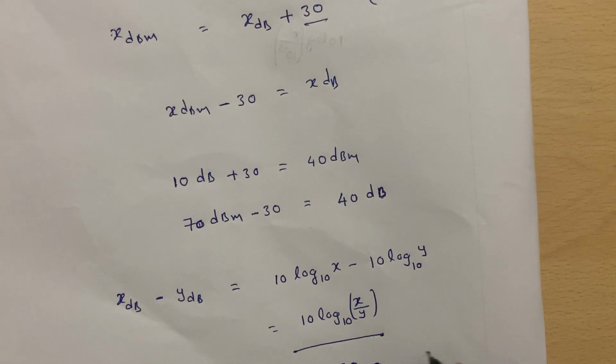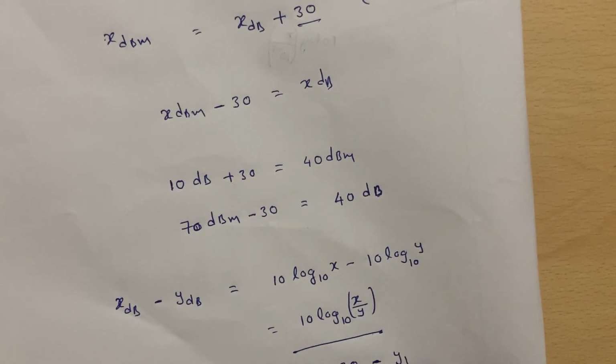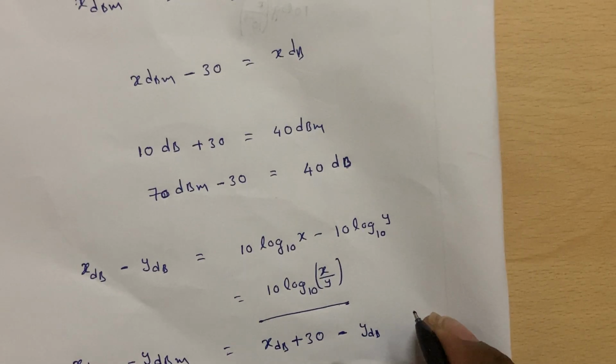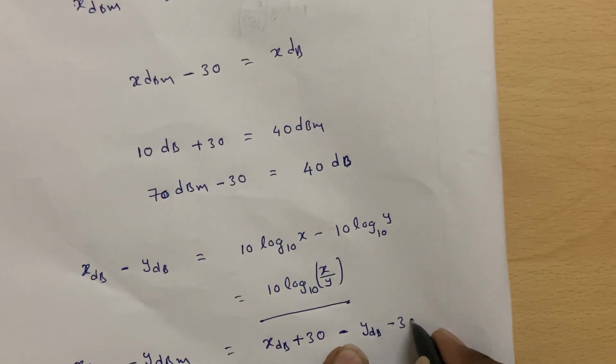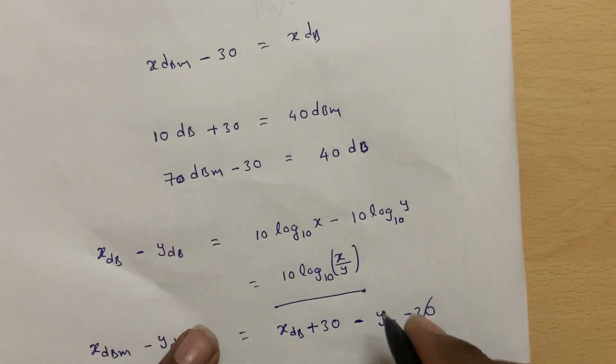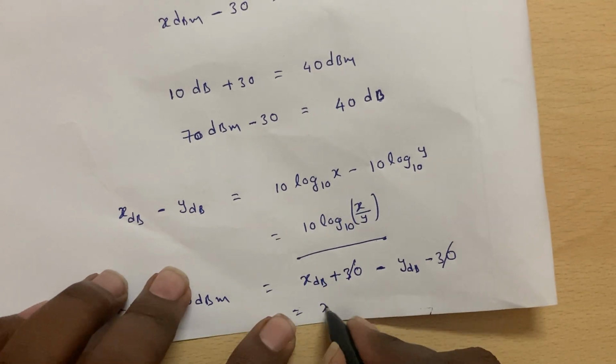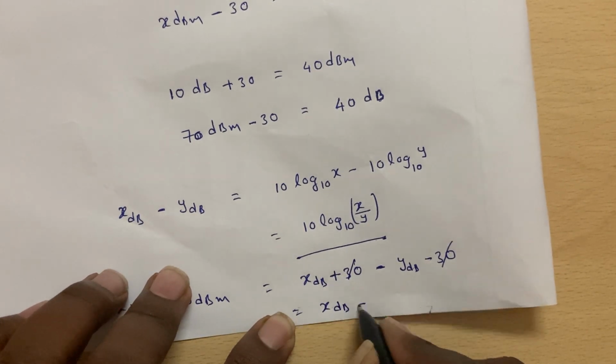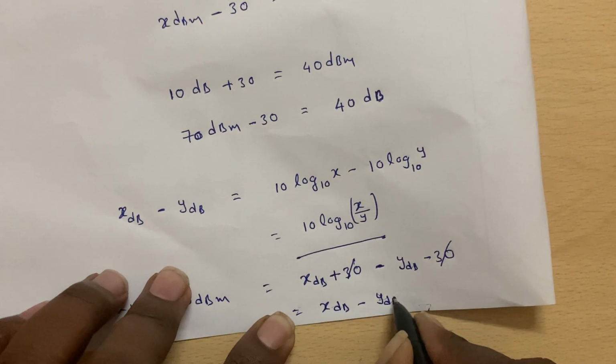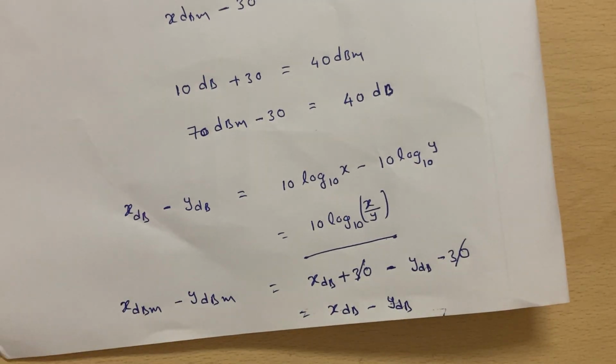Similarly, write y dBm as y dB plus 30, and minus of minus becomes minus 30. Both will be cancelled and we get x dB minus y dB. So finally, the difference between two dBm values also will be in dB only.